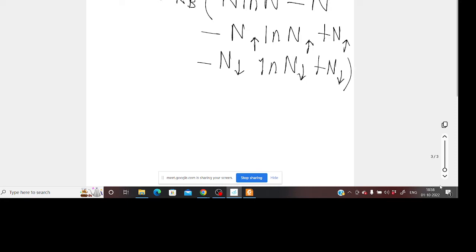Now n up plus n down is equal to n, the total number of particles. So these terms cancel out. Now this n can be written as n up plus n down, right?